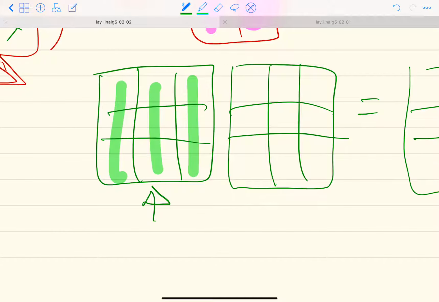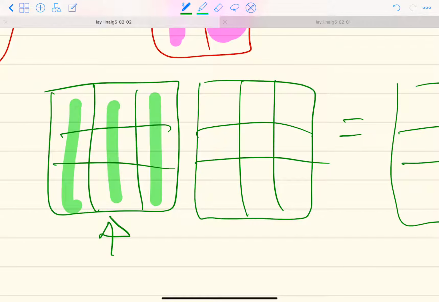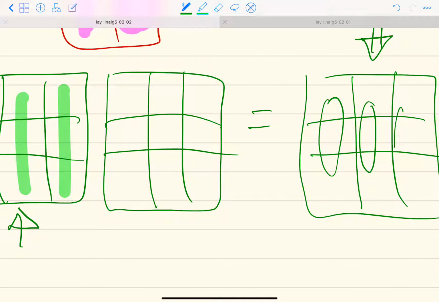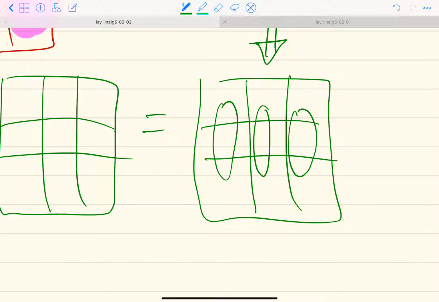The same analogy can be applied. Over here we have 3 columns and they are linearly dependent because this is not an invertible matrix. Using these 3 columns, we have to produce the same number of columns. So using 3 linearly dependent columns, can we generate 3 linearly independent columns?